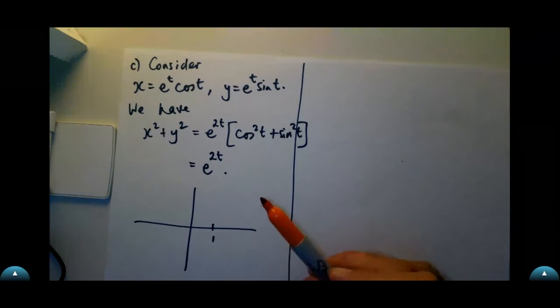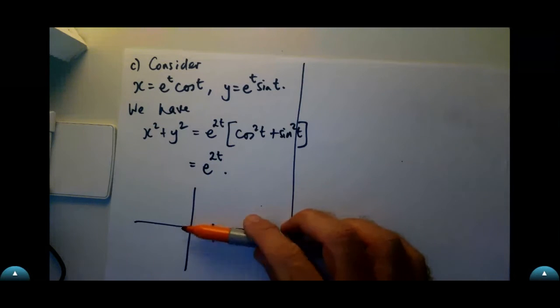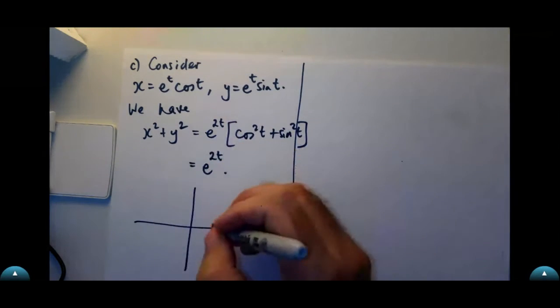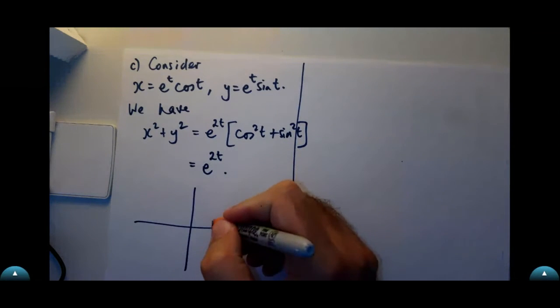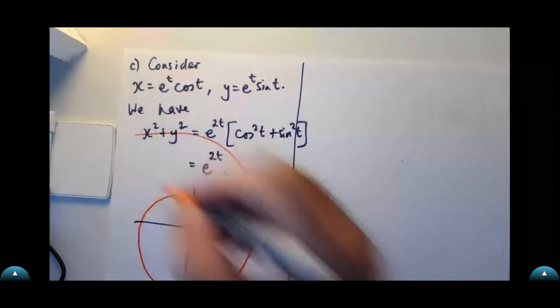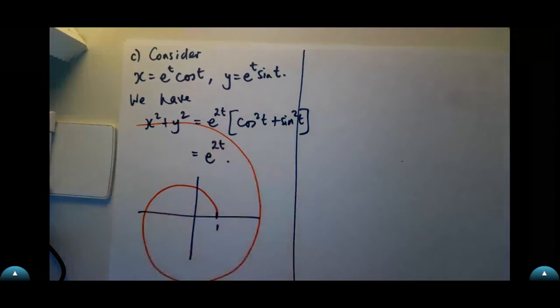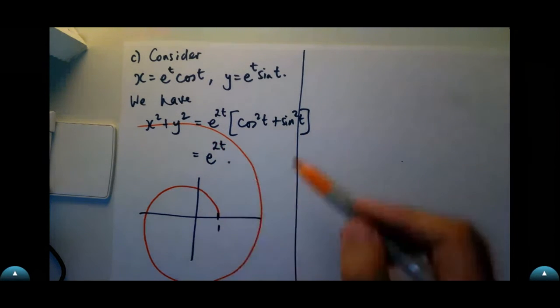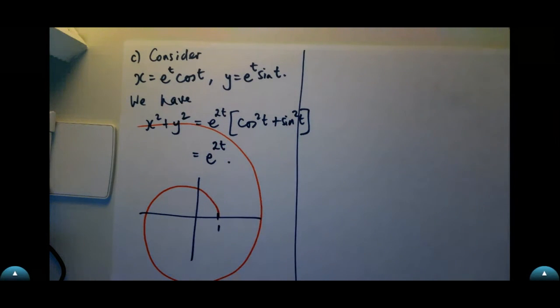So if you think of this as a sort of an angle here, what's going to happen is as we rotate, t increases and the distance gets further and further away. So it sort of gets big like that. And it keeps on expanding because as t increases, e to the 2t gets much, much, much bigger. So that's one way of understanding what's going on here with the curve.